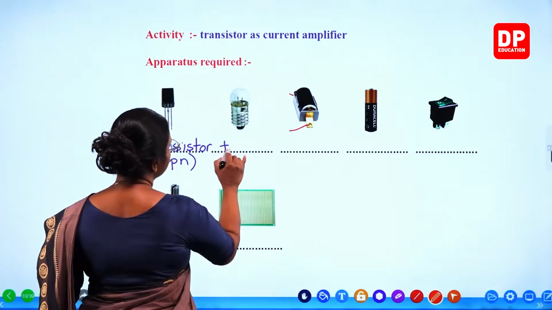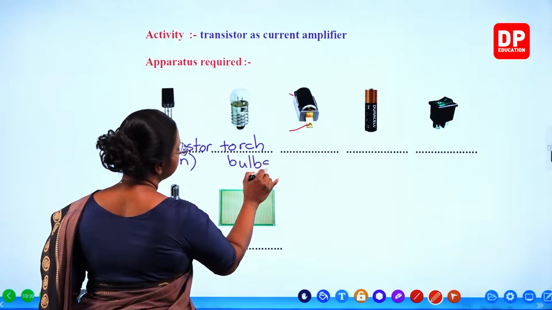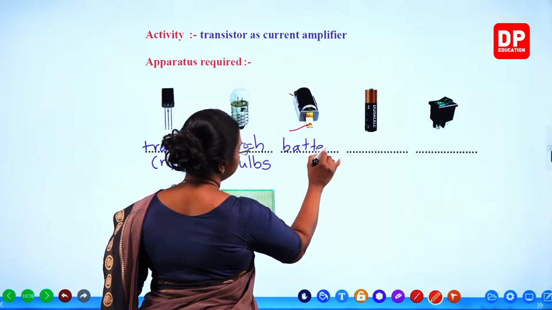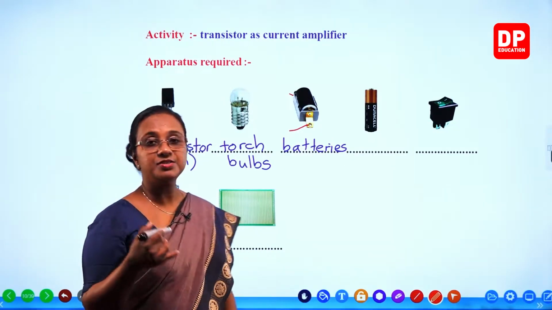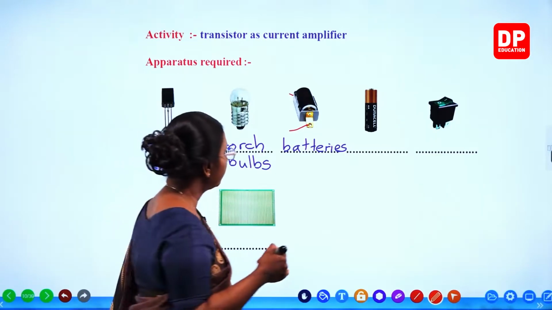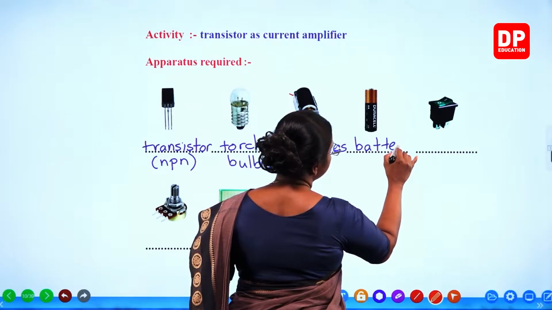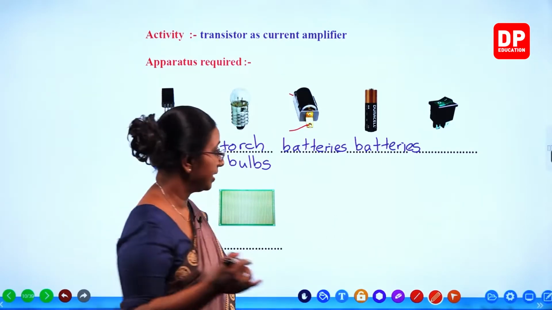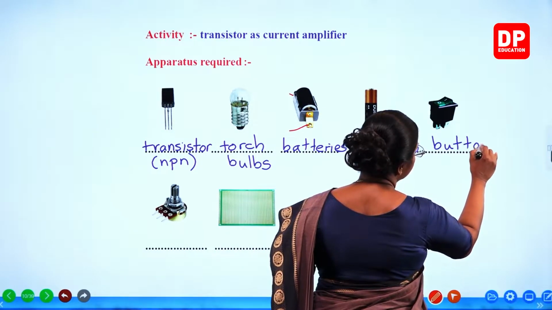Then we need torch bulbs. We need batteries. Normally we need 3-volt batteries as well as 1.5-volt batteries. So these are also different types of batteries because we need to supply different voltages. Then we need button switches.